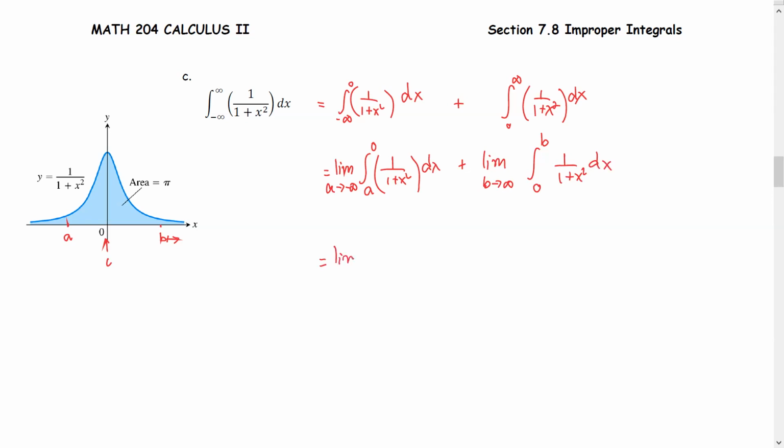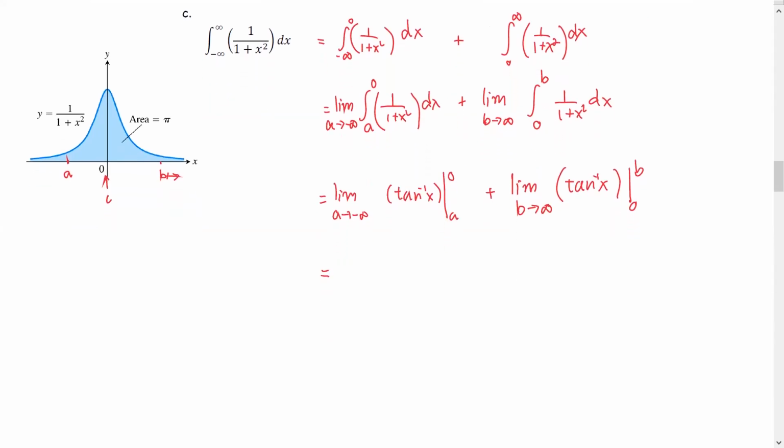The antiderivative of 1 over 1 plus x squared is the inverse tangent of x, evaluated from a to 0 for the first integral. And similarly for the second integral, we take the limit as b approaches infinity of the inverse tangent of x evaluated from 0 to b. Substitute the values of the upper limit and lower limit of both of them.